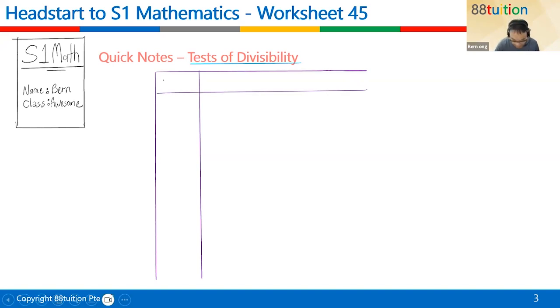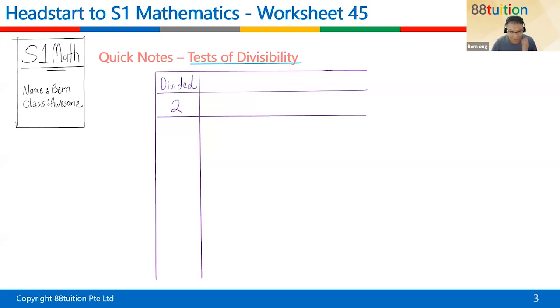Can it be divided by 2? What must you take note of? Very simple.